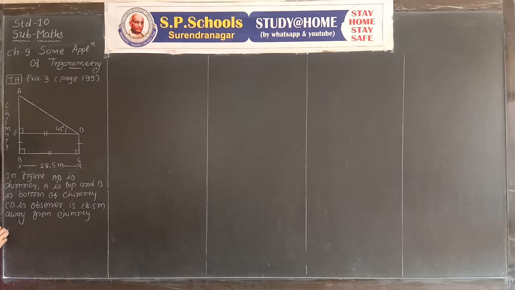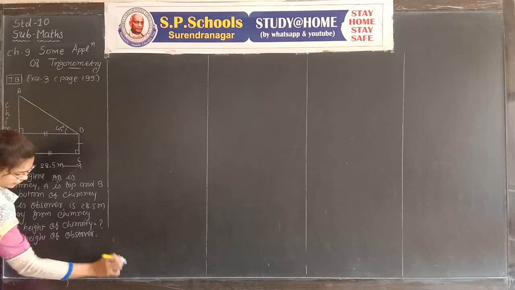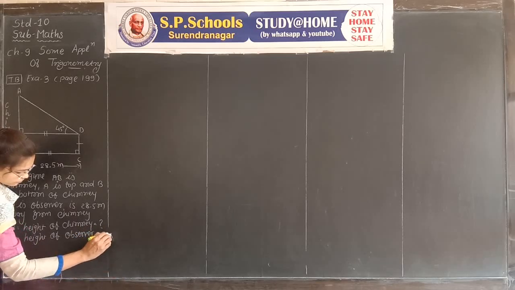We need to find AB, height of chimney, which is equal to question mark. CD is equal to height of observer, given. BC is equal to 28.5 meter.